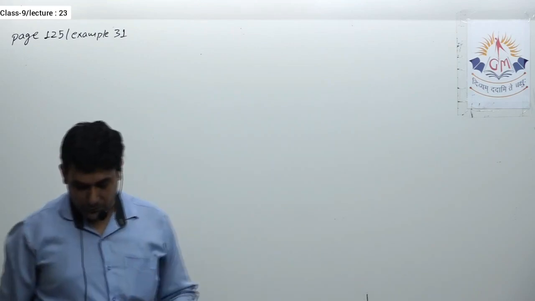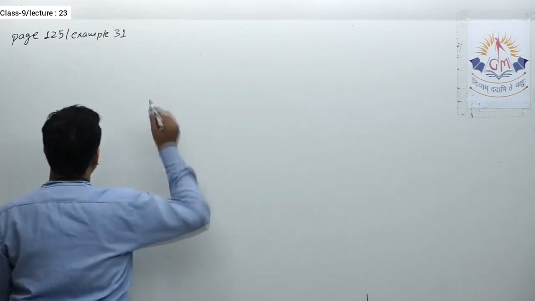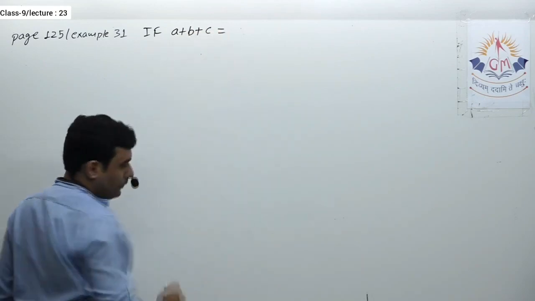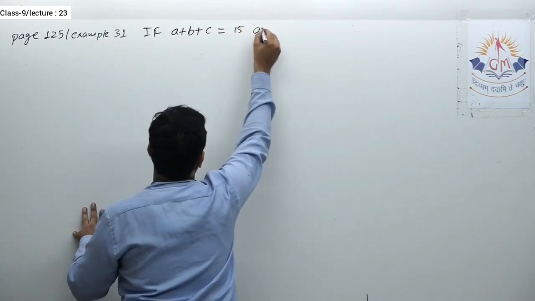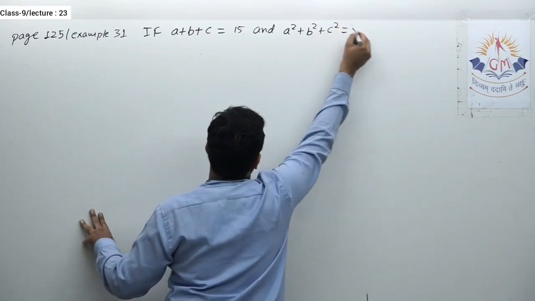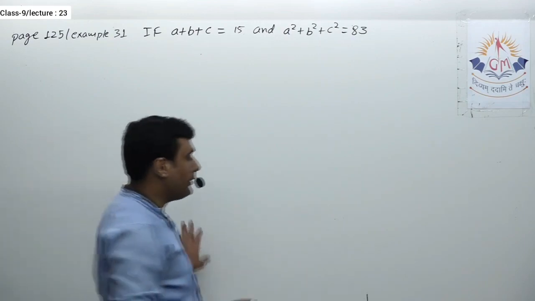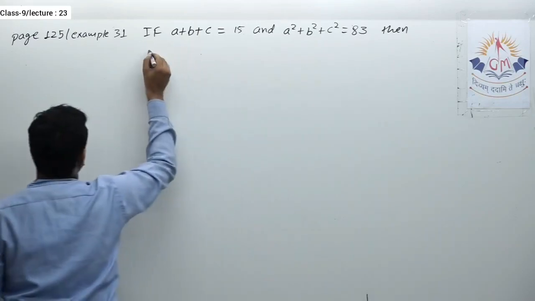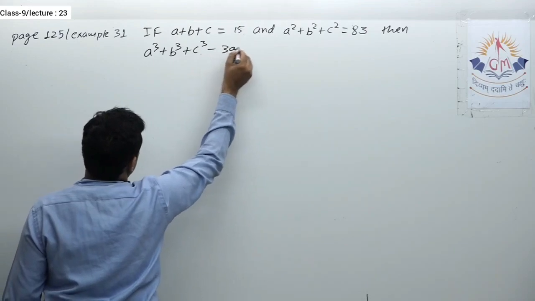If a plus b plus c is equal to 15 and a square plus b square plus c square is equal to 83, then find the value of a cube plus b cube plus c cube minus 3abc.